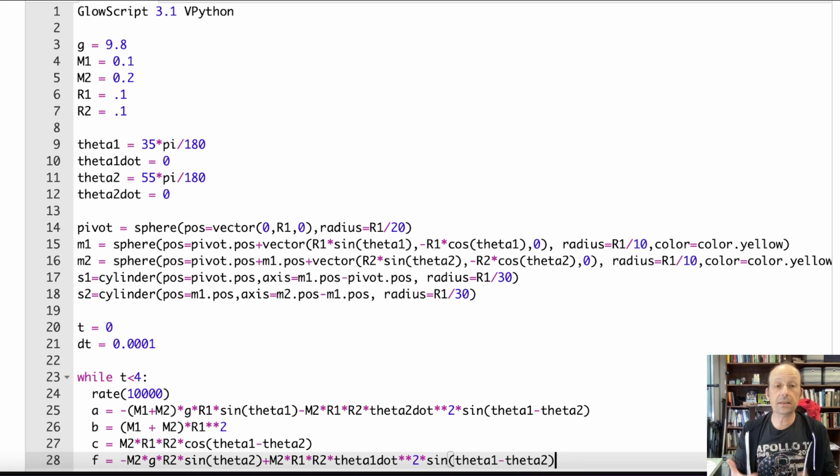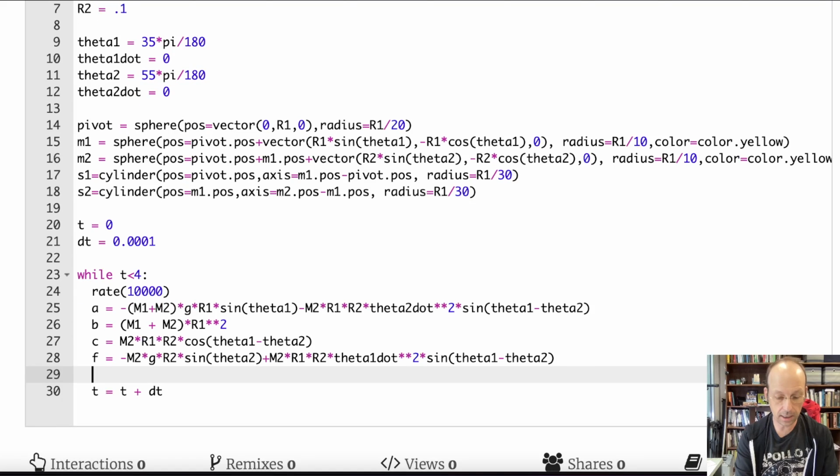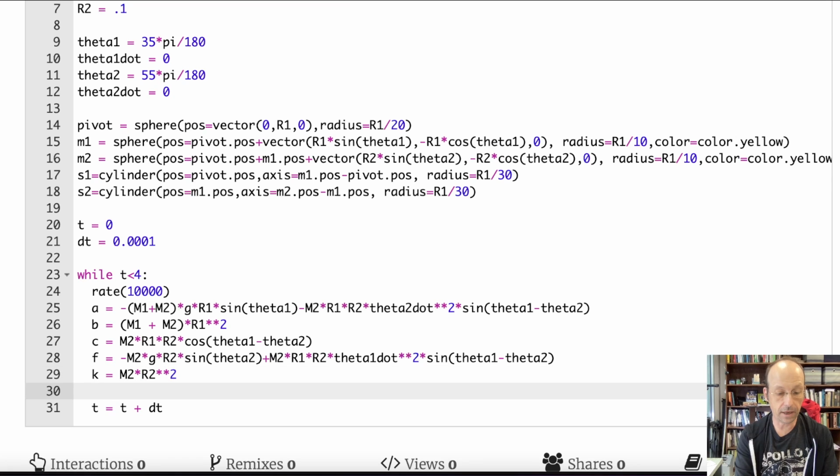And again, whenever I change my values, these constants change too. And that's what I want. Okay, K equals M2 times R2 squared. And finally, W equals M2 times R1 times R2 times cosine of (theta 1 minus theta 2). So I have all my constants.